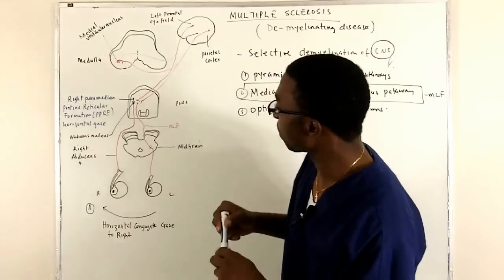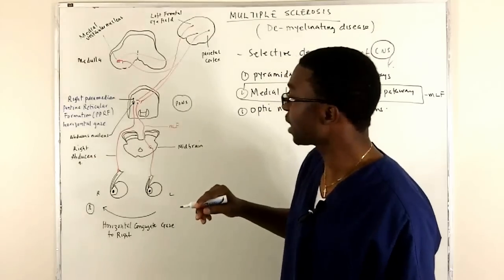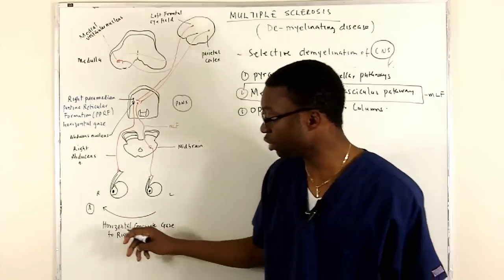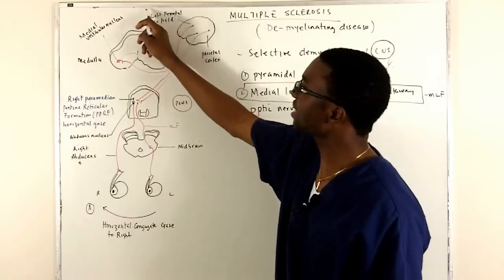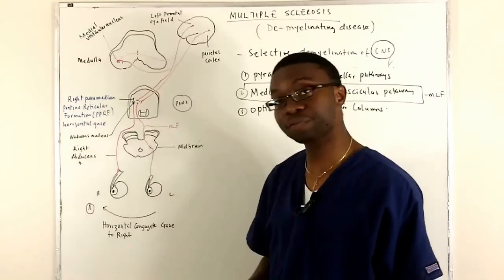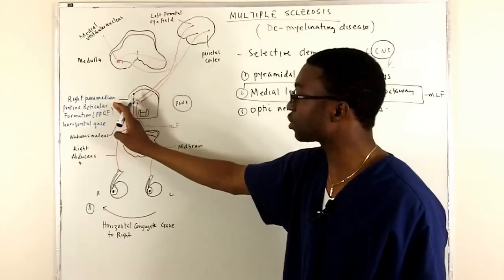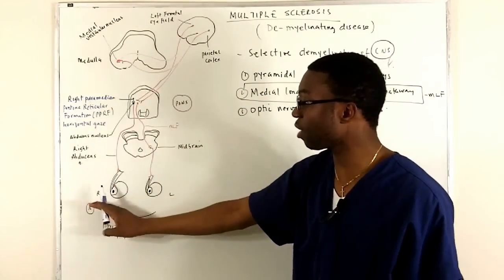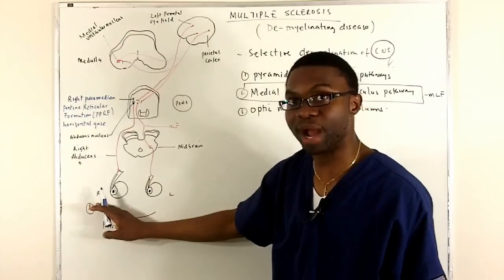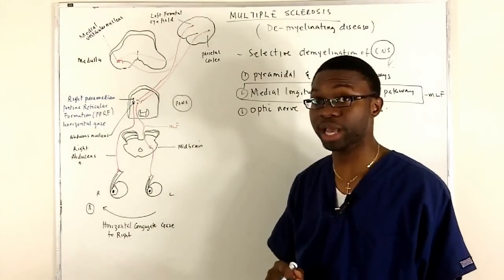See, we are now inside the pons. This is the pons. Now, let's say I want to have a conjugate gaze to the right. I just want to be able to look to the right. I have to activate the left frontal field, because the left frontal field has to cross over into the opposite side of my brainstem, which is the pons, to allow my eyeballs to conduct conjugate horizontal gaze to the right.